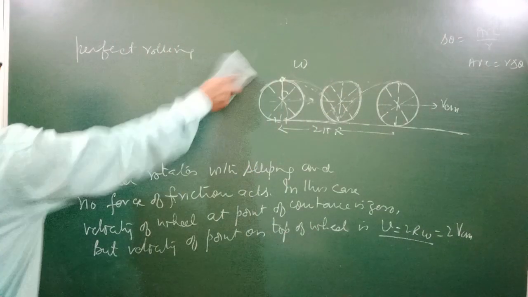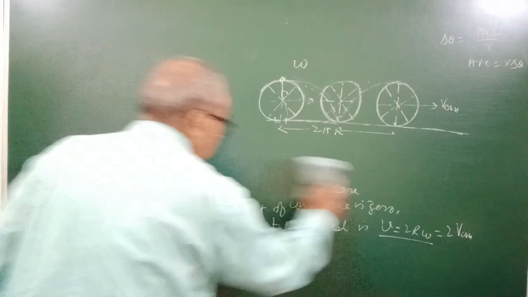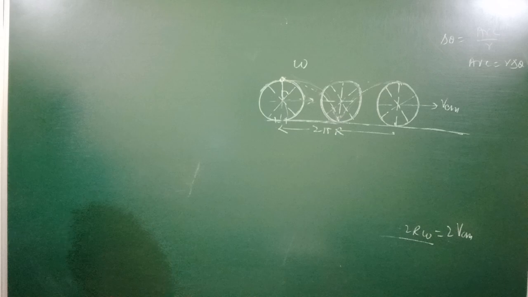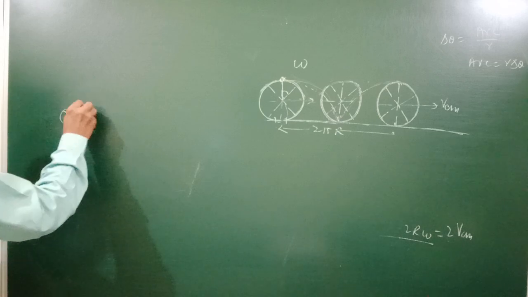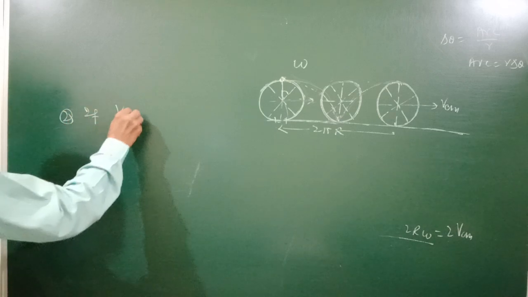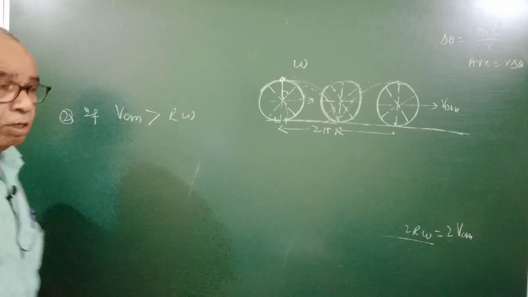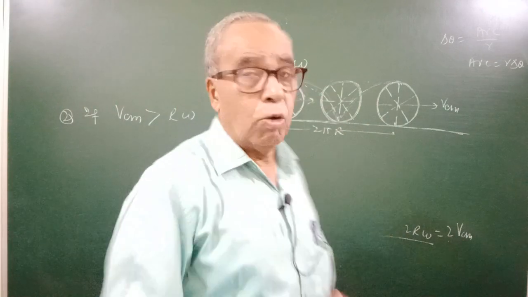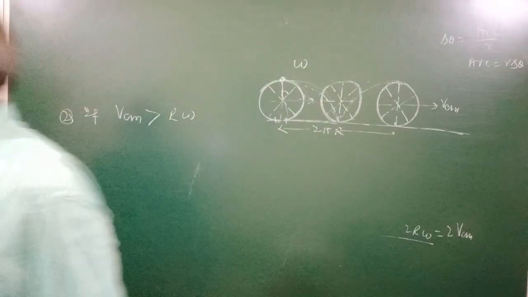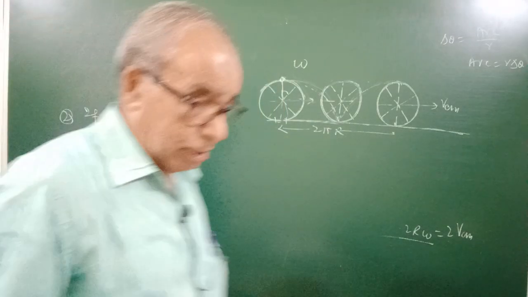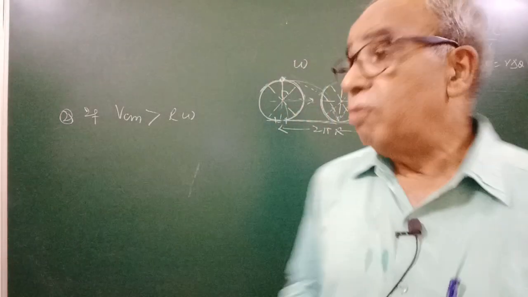Now number 2. These points are important. I will explain one question, then you will realize the discussion of all these points. If vcm greater than r omega, if you had to rotate the wheel and you gave it a lot of speed and you release it on the surface, then what will happen?